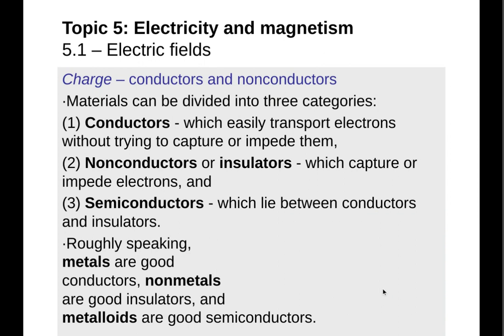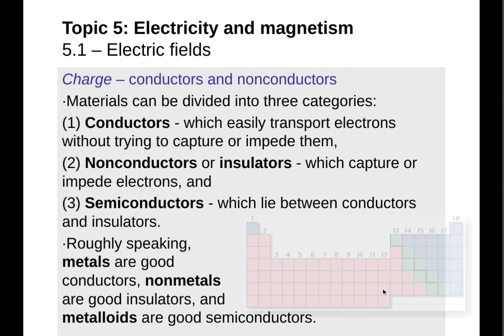That's why it is called semiconductors. The examples are silicon, germanium, etc. Okay, these are the semiconductors.